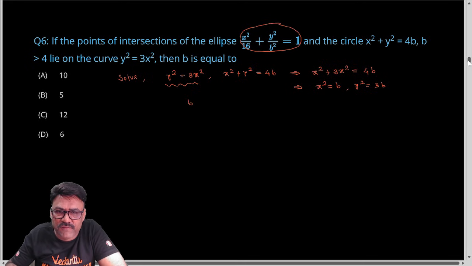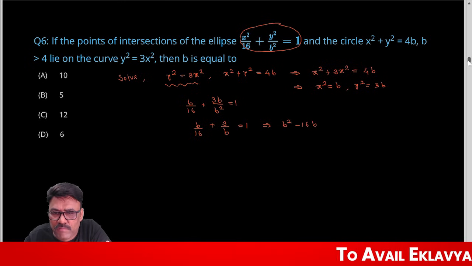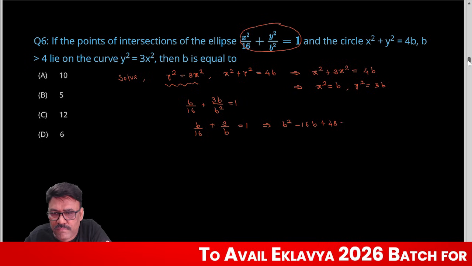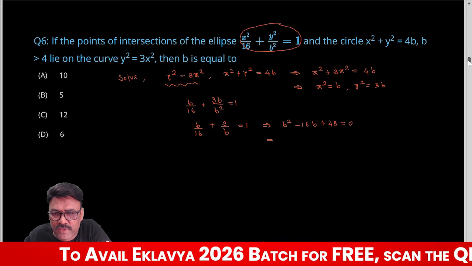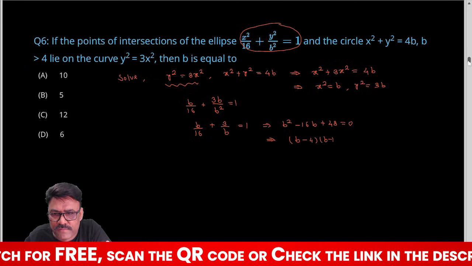So you will get b by 16 plus 3b over b square is equal to 1. So this gives you b square minus 16b plus 48 equals 0. And this can be factorized as (b minus 4)(b minus 12).